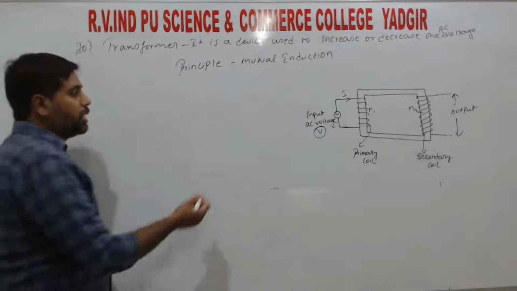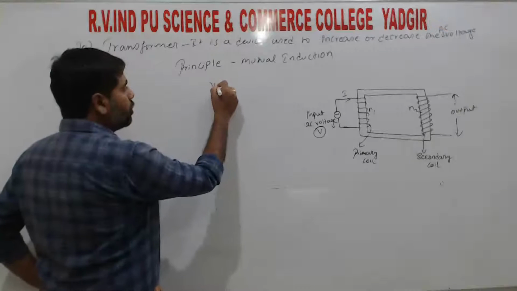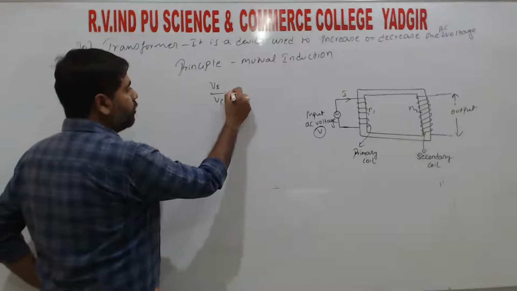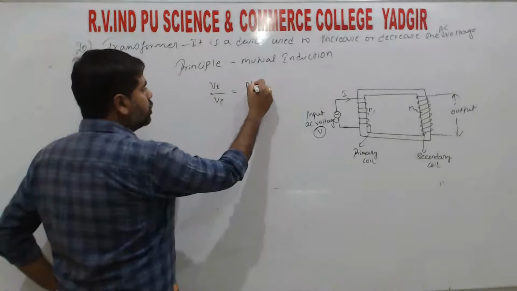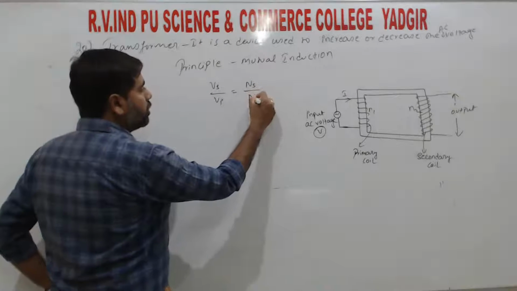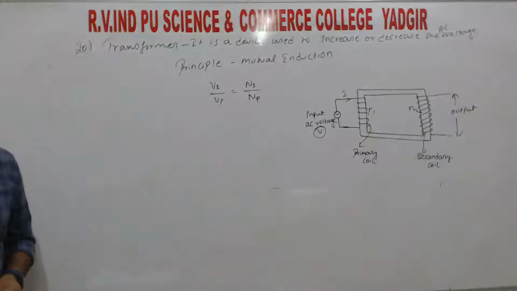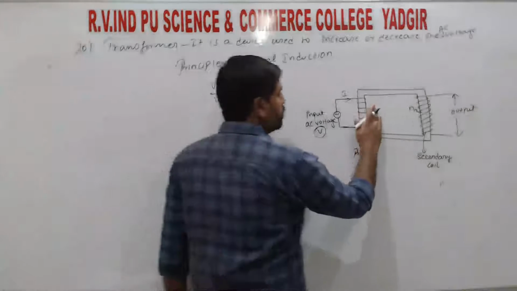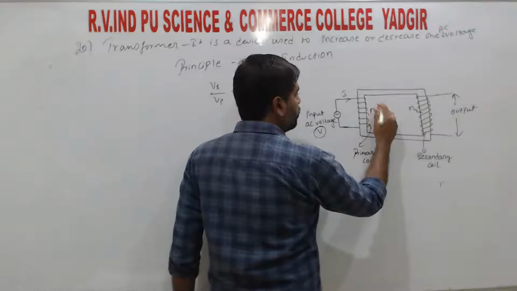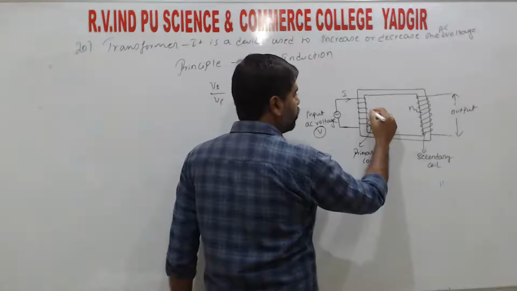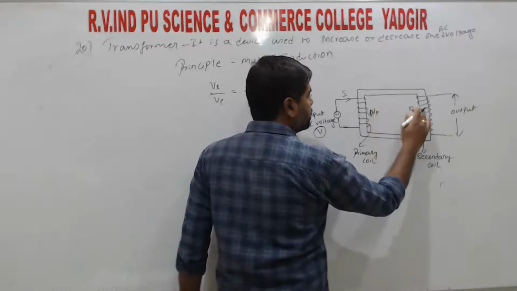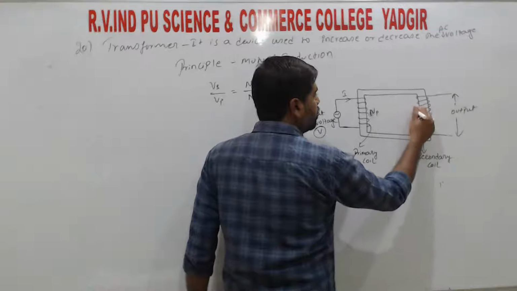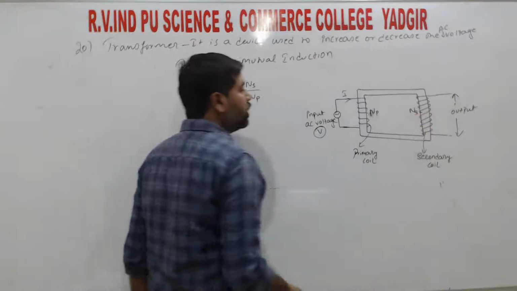Along with this, Vs divided by Vp is equal to Ns divided by Np, right? Here Np is the number of turns in the primary coil, and Ns in the secondary coil.